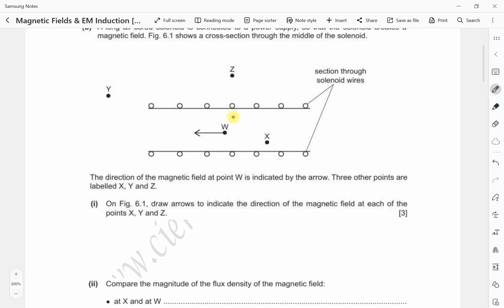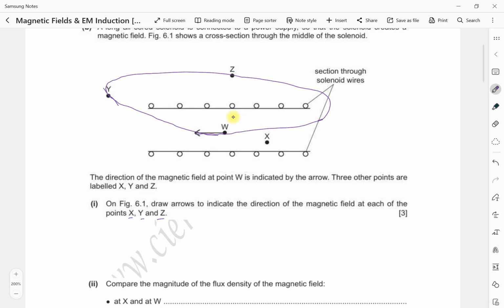So on the figure, draw arrows to indicate the direction of the magnetic field at points X, Y, and Z. Inside the solenoid, the magnetic field is uniform. At W, it is showing that the magnetic field is in this direction. So if I was to draw a continuous line, the magnetic field would be something like this.